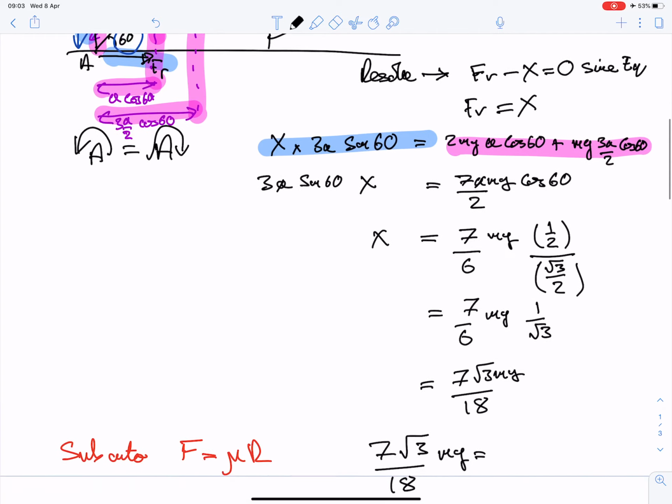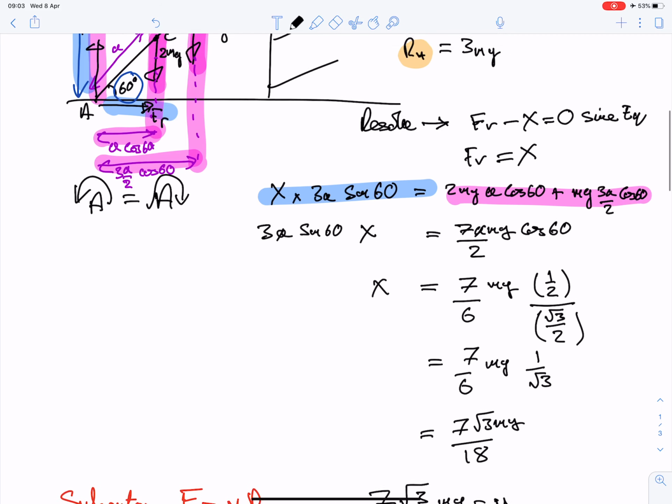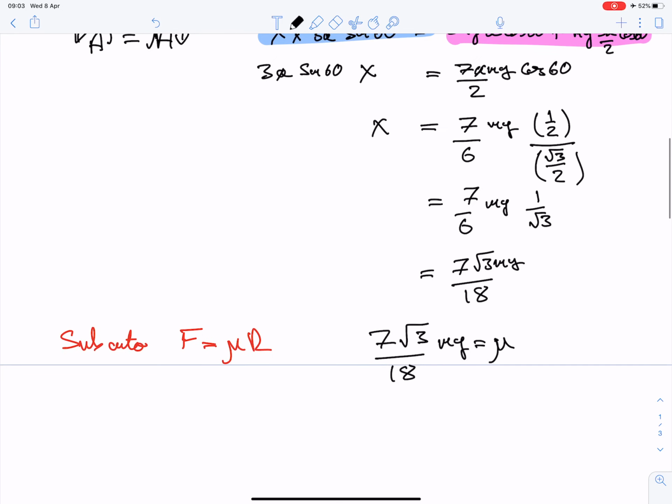So we've got 7 over 6 mg. Divide by a fraction, we invert and multiply, so that becomes 1 over root 3. Multiply top and bottom by root 3, so we get 7 root 3 mg over 18 for X.